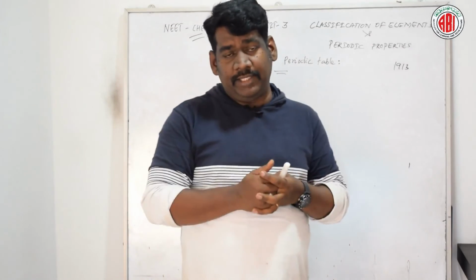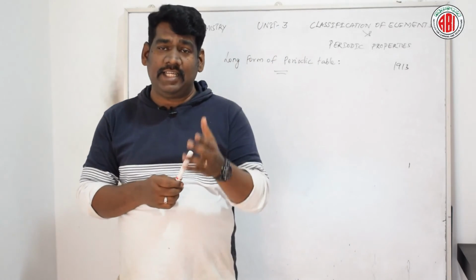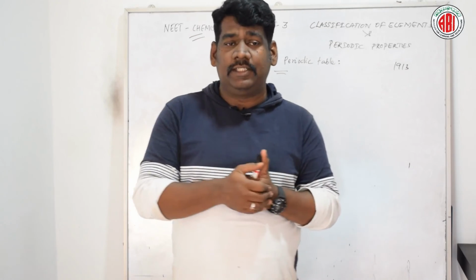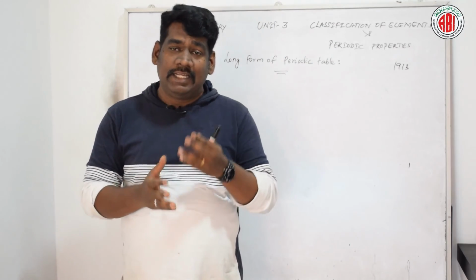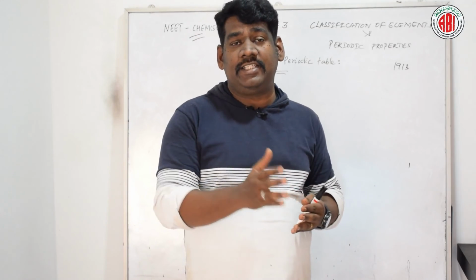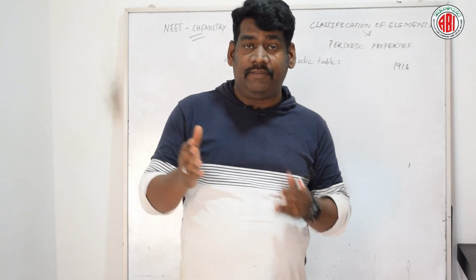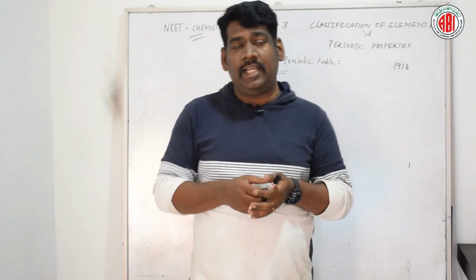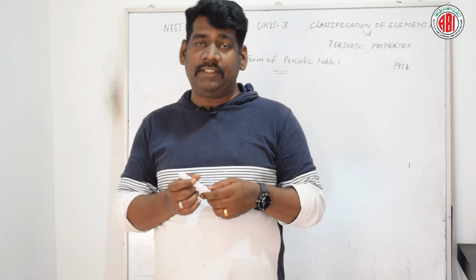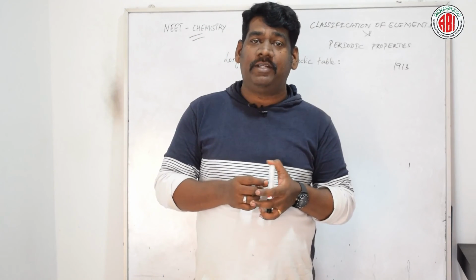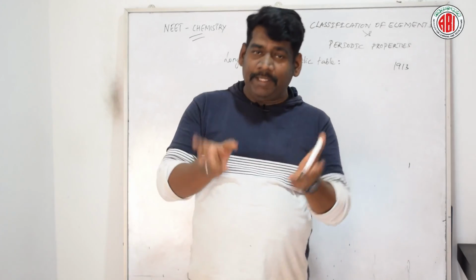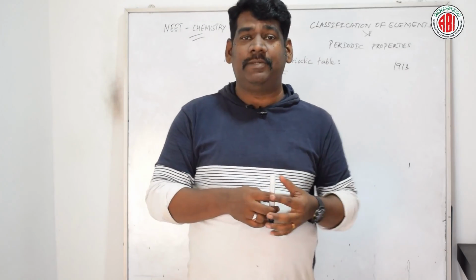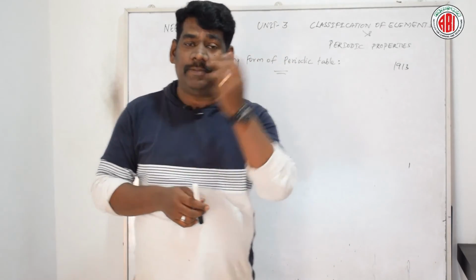Consequently, when the elements are arranged in the order of their increasing atomic number, it is observed that elements of similar properties recur at regular intervals in the periodic table. As a result, the elements fall into certain groups, which leads to the arrangement of this periodic table. So finally, the periodic table is formed based on the increasing order of atomic number, not increasing order of atomic weight.